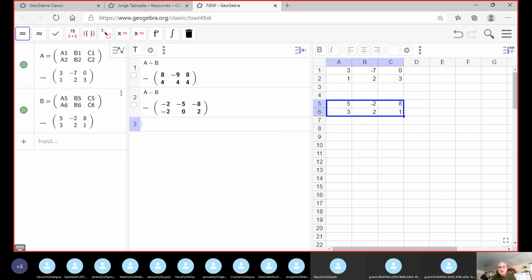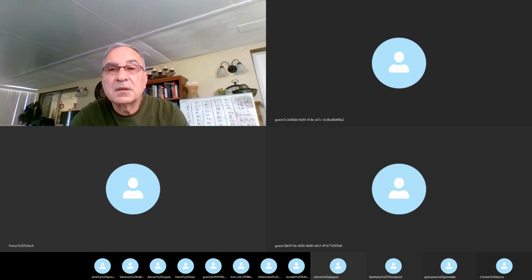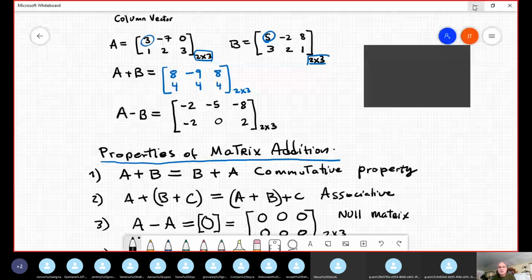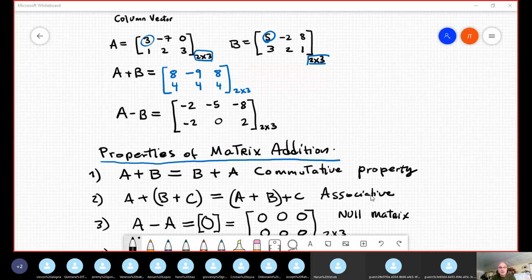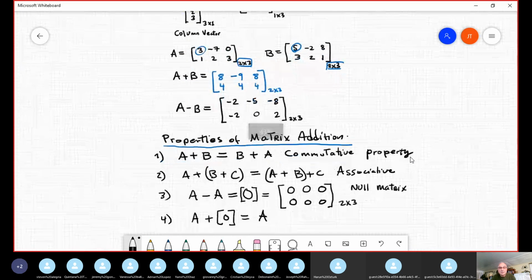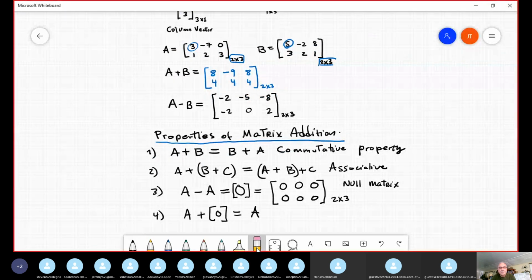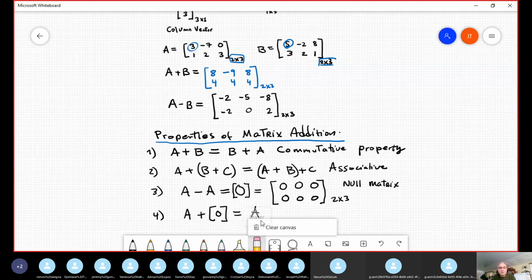Let's move on to the whiteboard again. Okay, here you go. I want to erase the whiteboard because I want to explain multiplication.